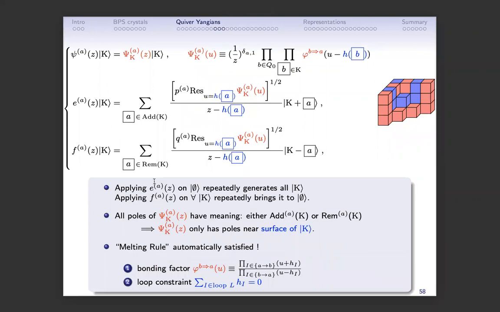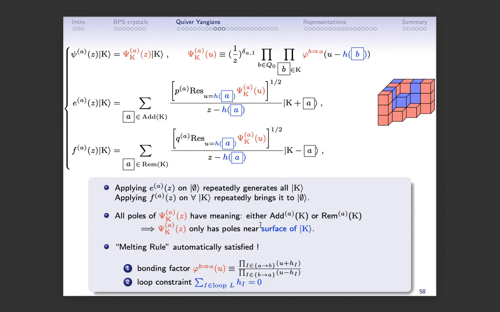We also want that when you apply E repeatedly on the vacuum, you can generate all the color crystals, and when you apply F on any crystal, you can bring it back to phi. That means that if you look at the poles of the charge function of an arbitrary crystal, all the poles have to be near the surface.